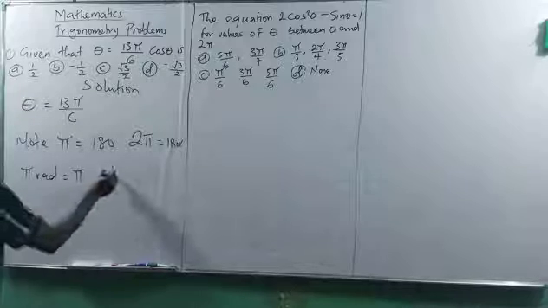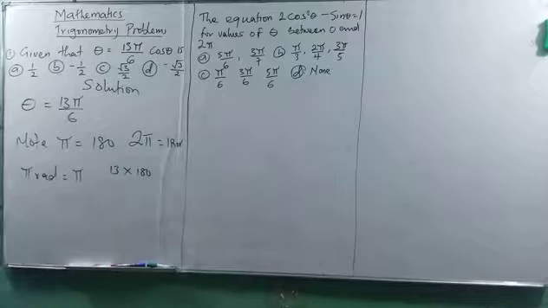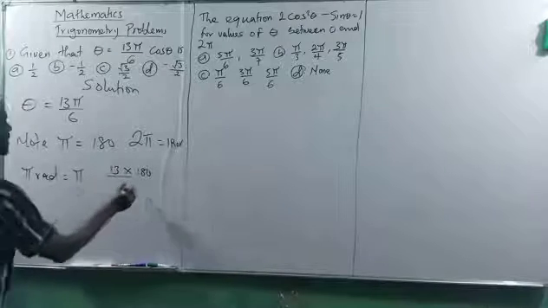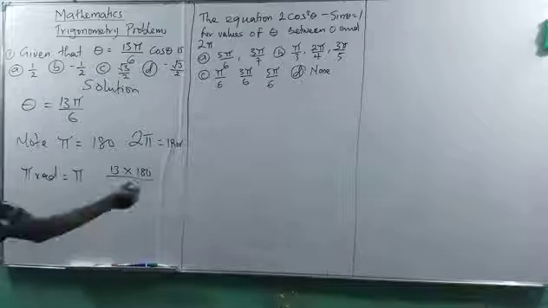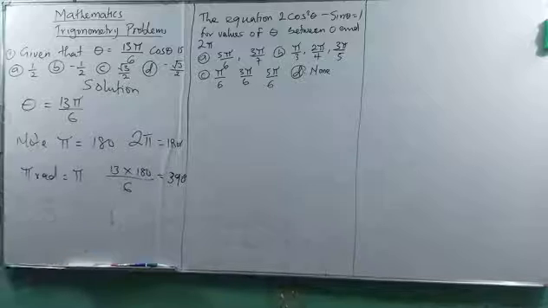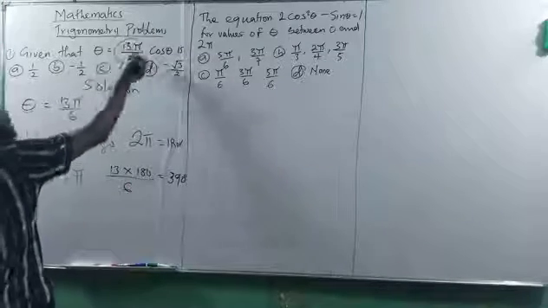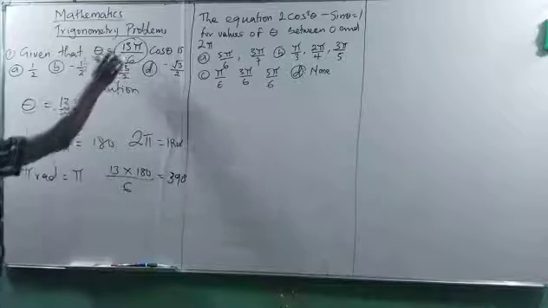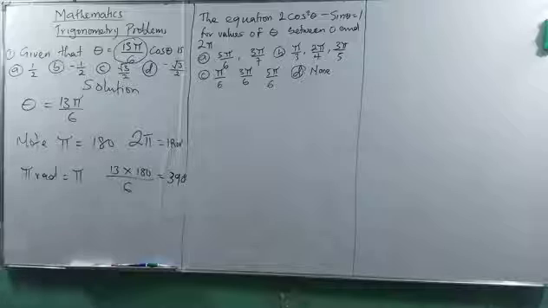I'm saying 13 multiplied by 180, divided by 6. If I calculate it well, you have to get 390. This is in form of rad, and this is in form of degrees. Can you see what I'm talking about now?